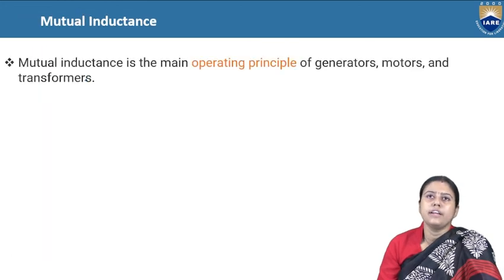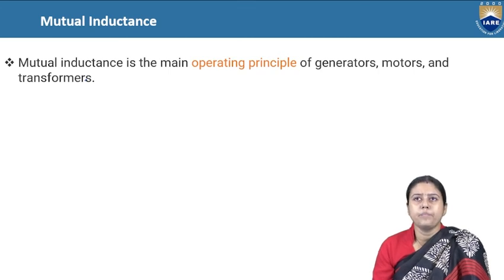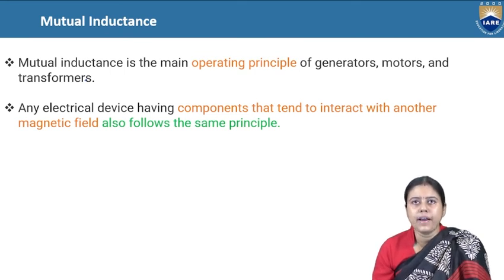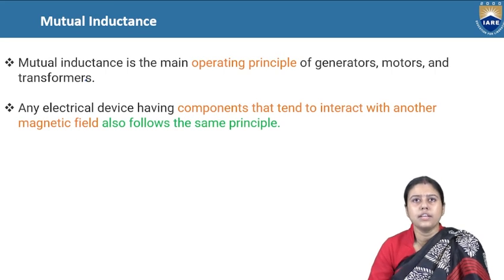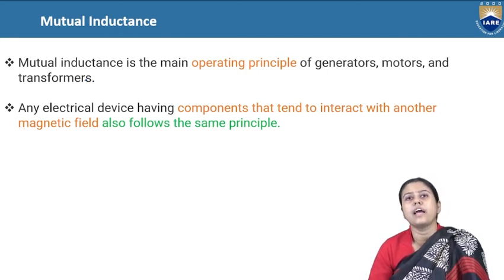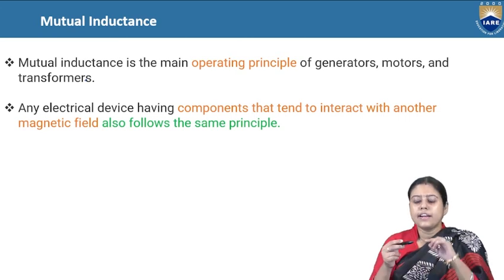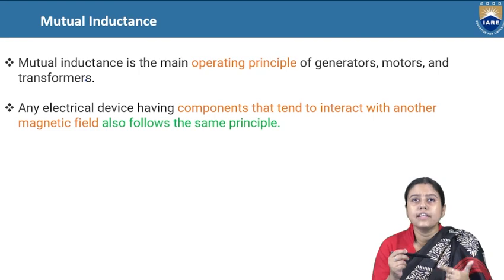What is mutual inductance? Mutual inductance is the main operating principle of generators, motors, and transformers. Any electrical device having components that interact with each other also follows the same principle. If we think about the example of the overhead line, the inductance of one coil links another coil.